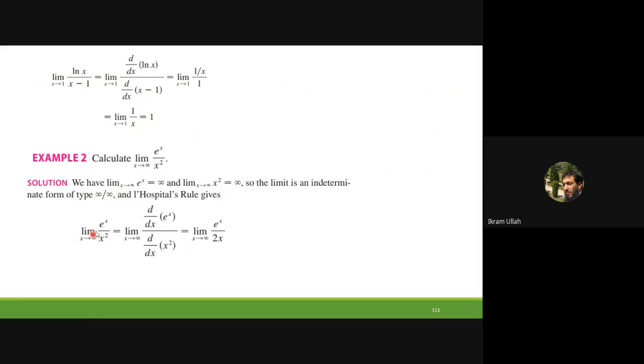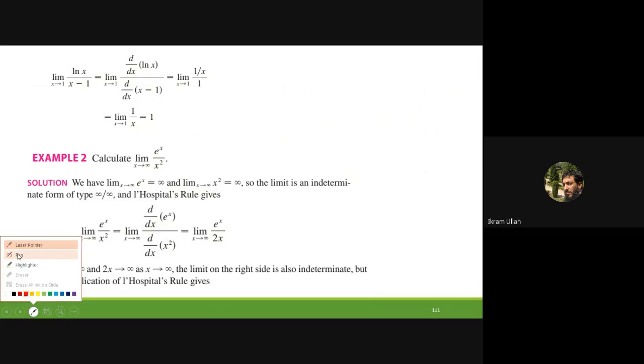So we can write this limit as x approaches infinity as the derivative of the numerator and the derivative of the denominator function. The derivative of e to the power x is e to the power x, and the derivative of x squared is 2x. Now applying the limit, when x approaches infinity, e to the power x again approaches infinity, and 2x also approaches infinity.